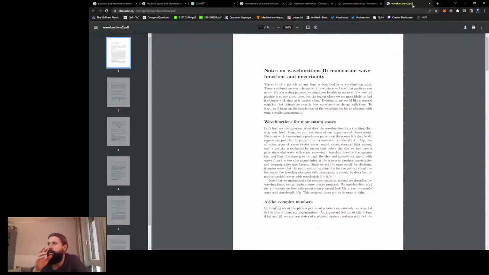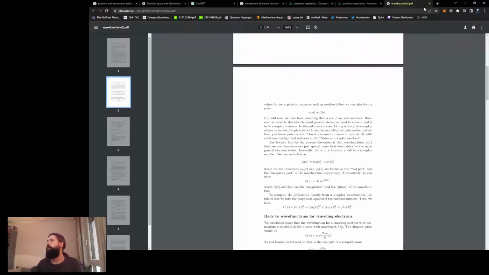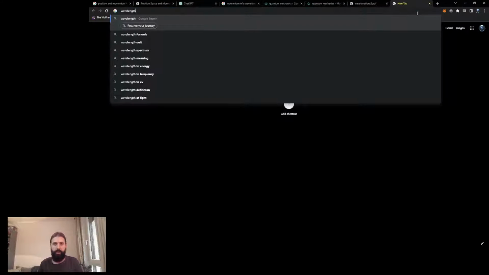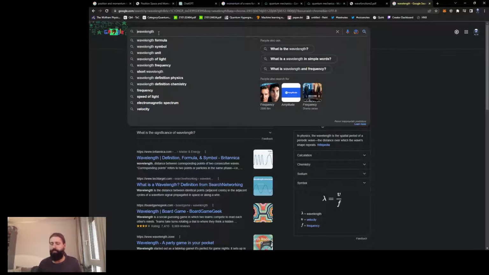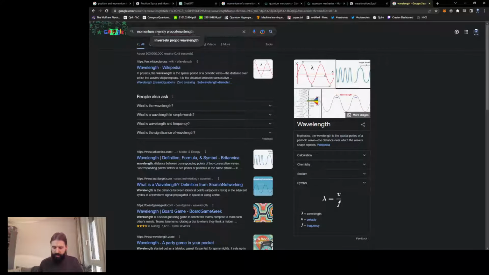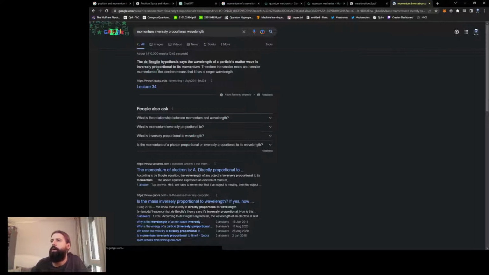I found a place where it said basically the momentum is inversely proportional to the wavelength. Exactly, that's what I meant. The wavelength, it's inversely proportional.